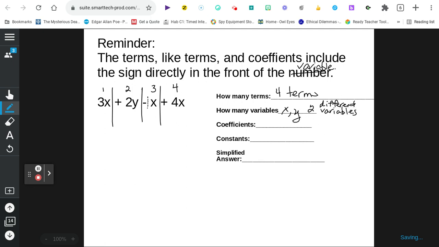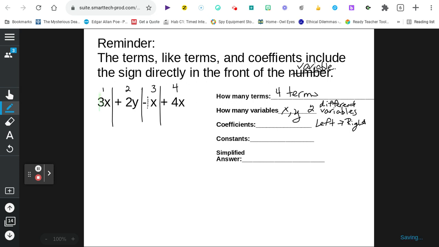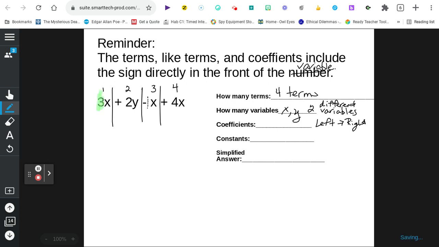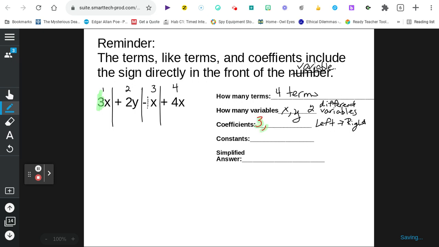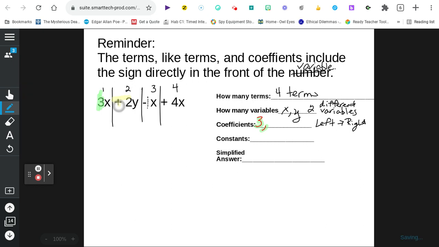The coefficients, I'm going to list them in order from left to right. So let's get started. Okay, what is the coefficient of the first term? The coefficient of the first term is positive 3. The coefficient of the second term is positive 2.